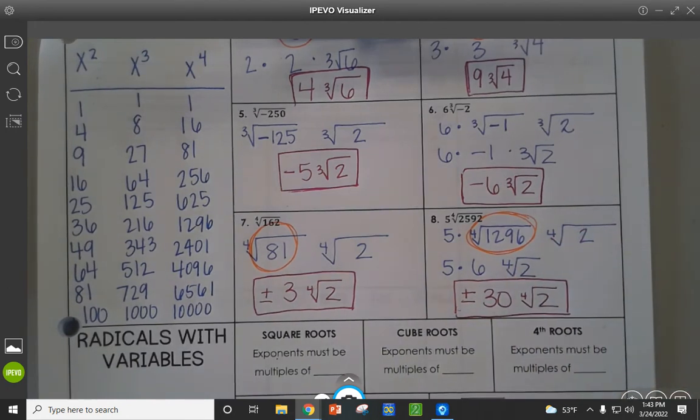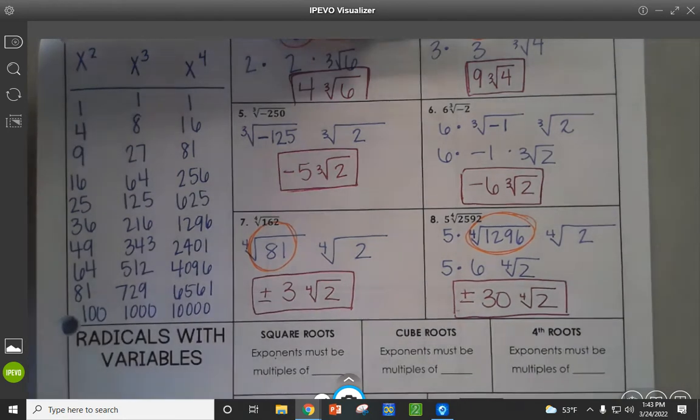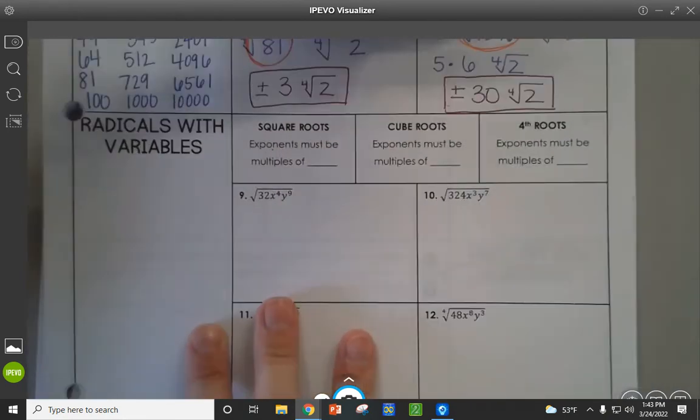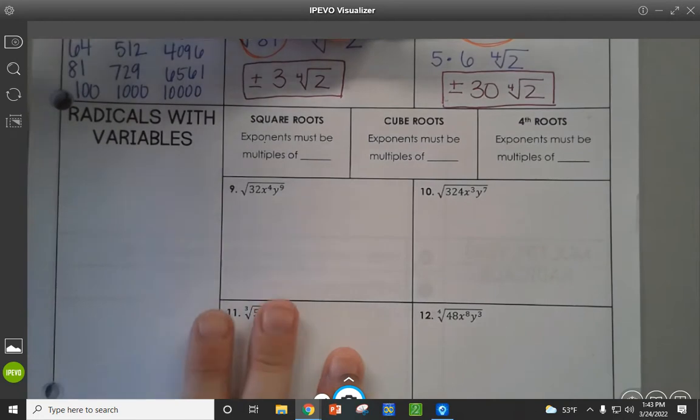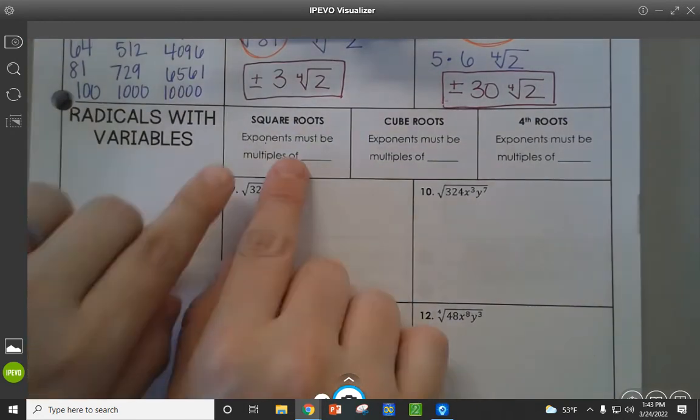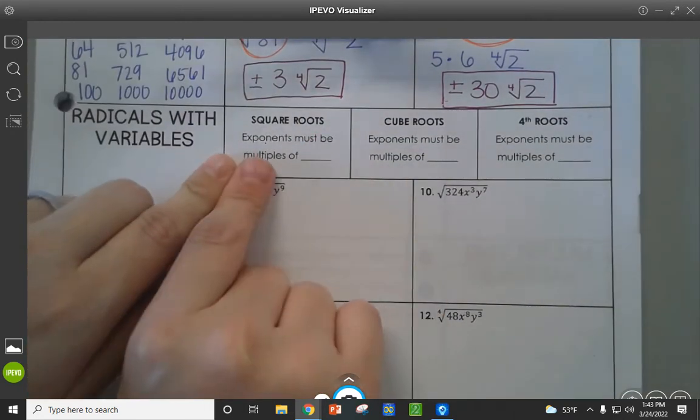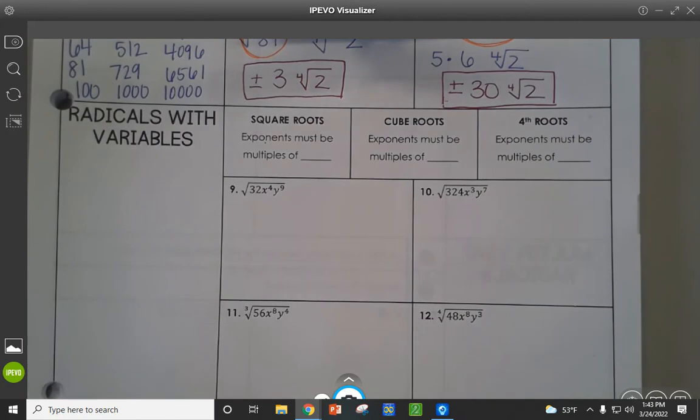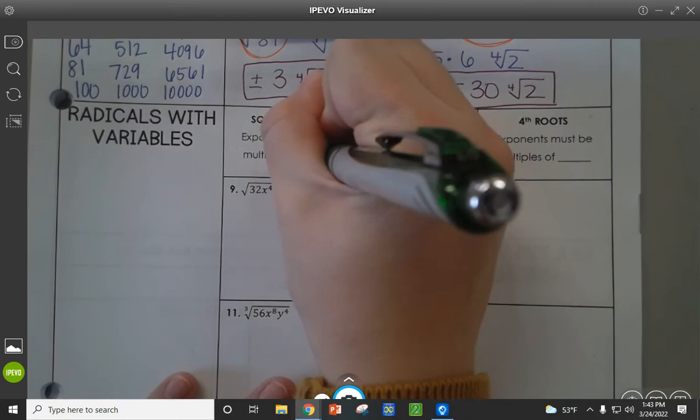Any questions so far before we start throwing in variables? So we've kind of talked about this in the quadratics unit, but when we are doing square roots, the exponents need to be multiples of what? 2.